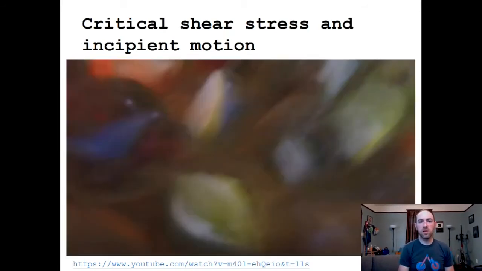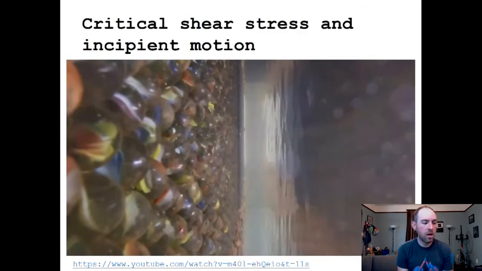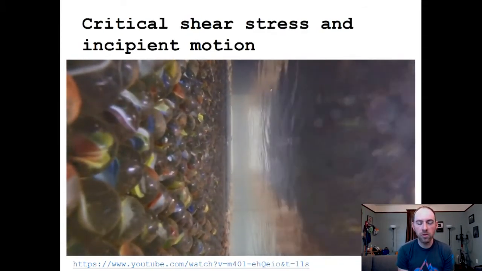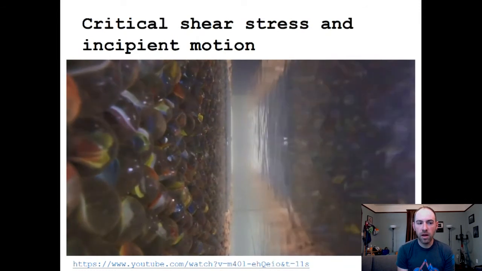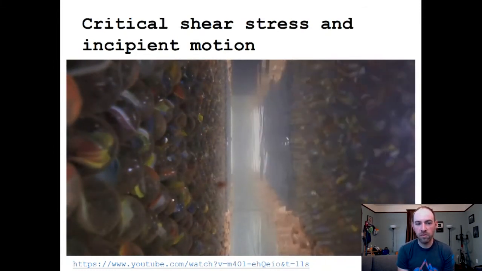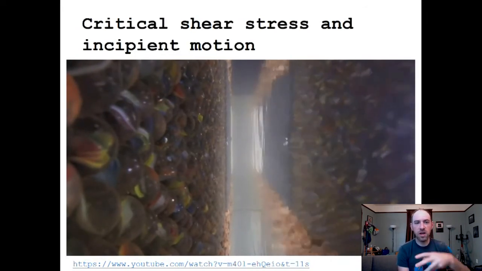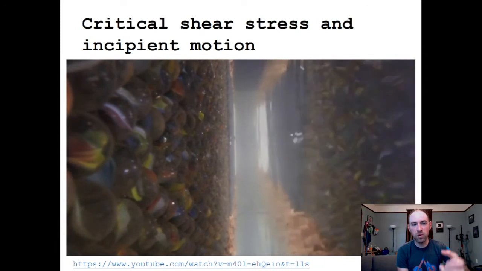So that's why this notion of critical shear stress is really important: sediment has a threshold, if you will, and it's set by the fact that a grain of a certain size takes a certain amount of stress to move.